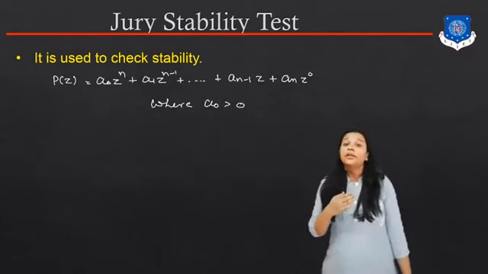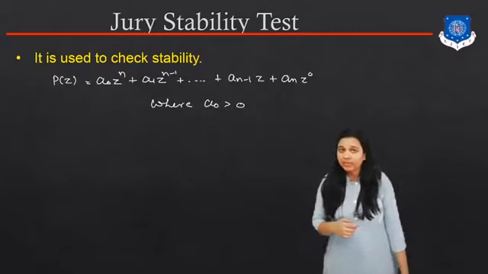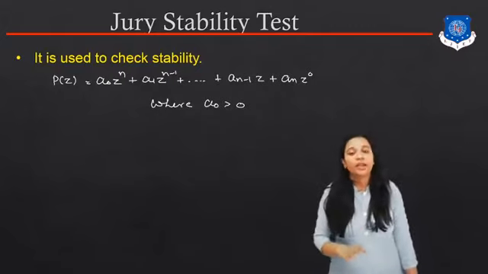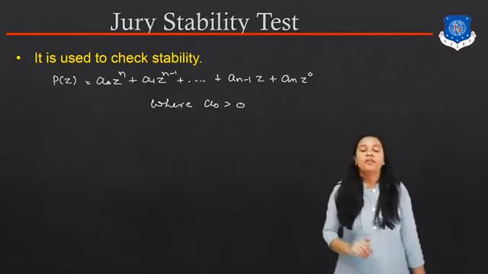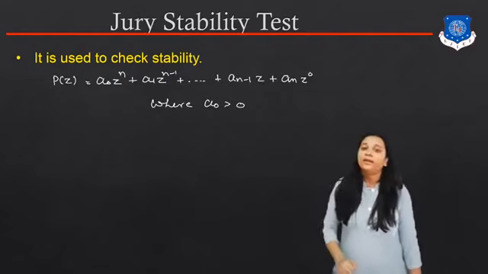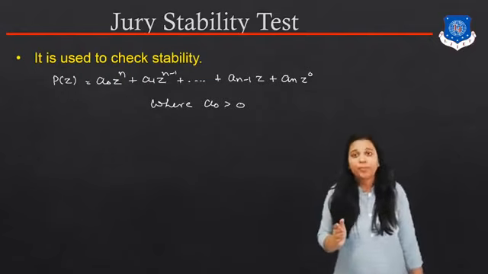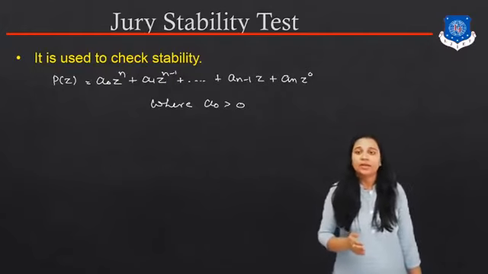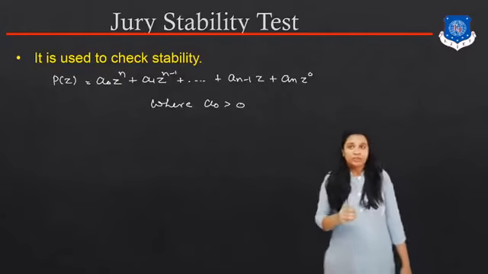So what are the disadvantages of the Jury stability test? Using the Jury stability test, we can only identify the stability of the system. We cannot identify the location of the poles or zeros for this particular plant or system. Okay, so this is the disadvantage of the Jury stability test.